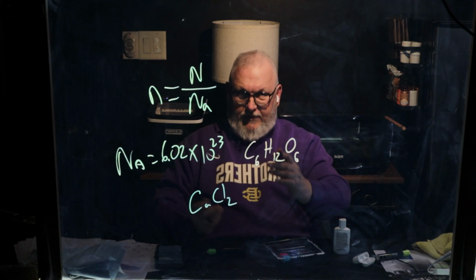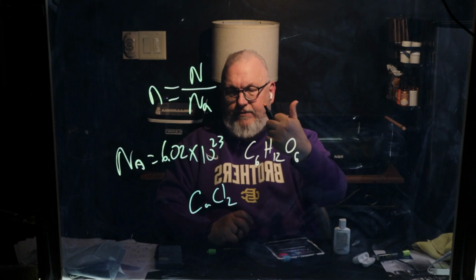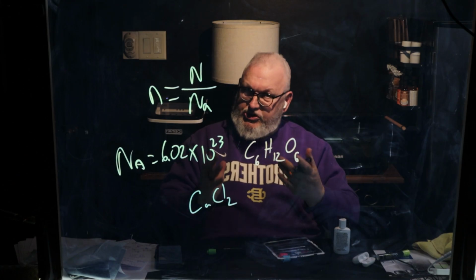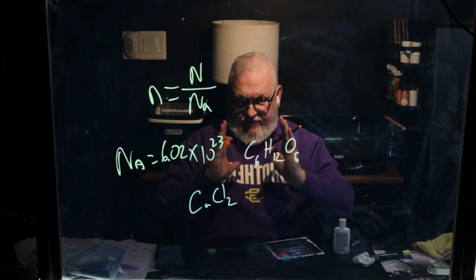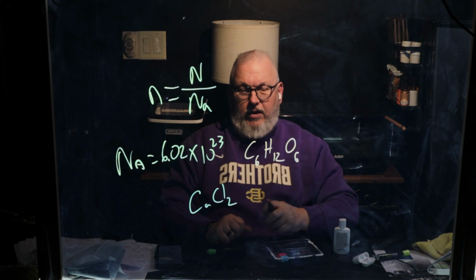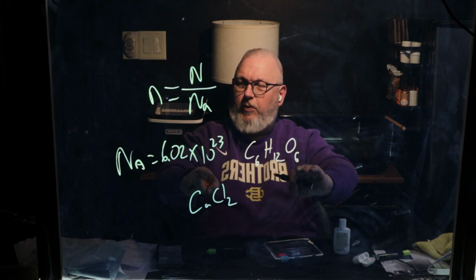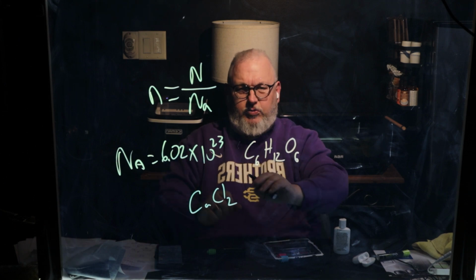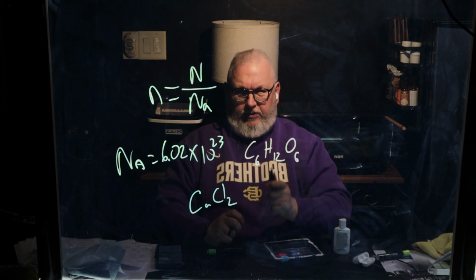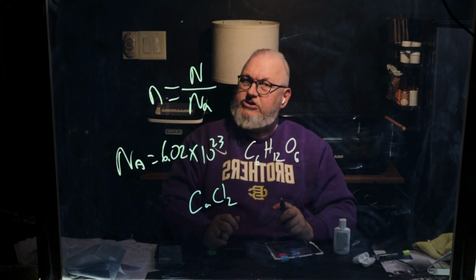Now this sugar, it's a molecule, okay? You've got covalent bonds. They're sharing electrons. Remember that. So if I have 1 mole of sugar, that means I have 6.02 times 10 to the 23rd molecules of glucose, C6H12O6.